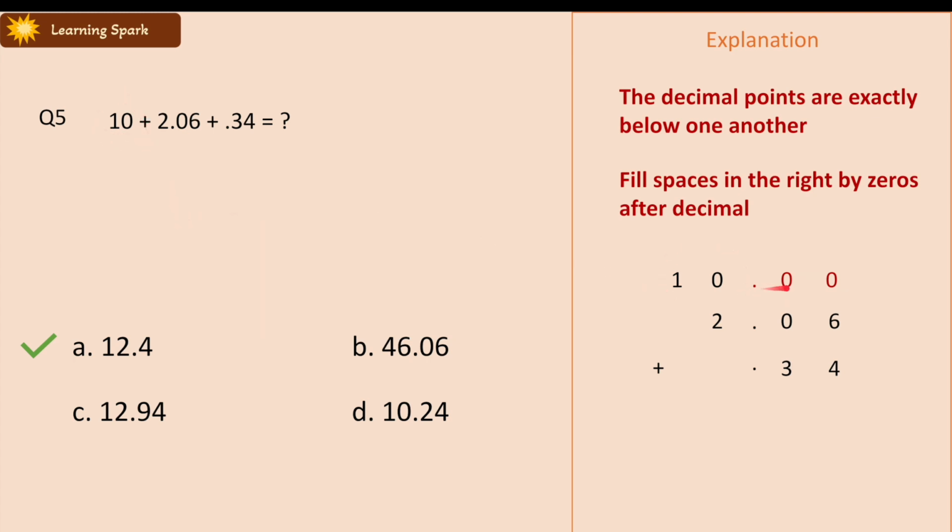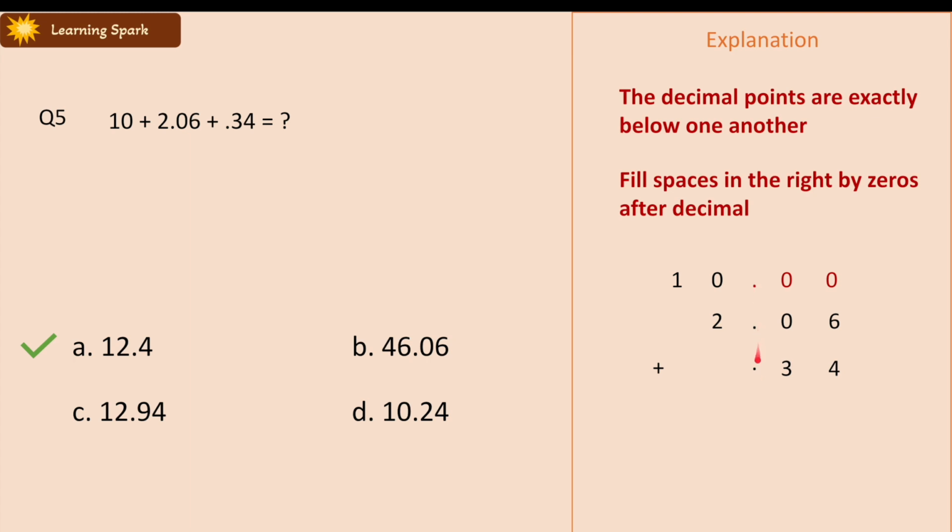It becomes 10.00, because zeros after the decimal point don't have any significance. It is basically the same number. We write it as 10.00 because it will be easy for us to add these numbers. The second number is 2.06, and the third is 0.34.